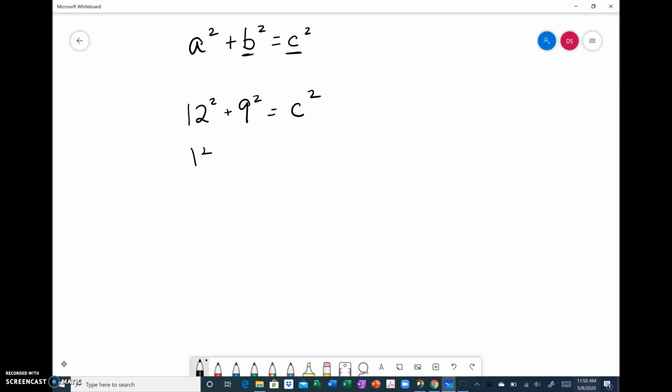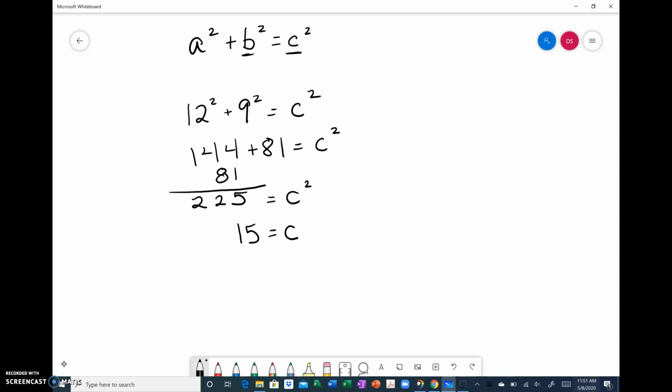So we have 144 plus 81 equals C squared. So I just need to add 81 to this. And I will get 225, which we've already covered in this lesson. So you should remember that that is 15. That's how you do number 1.